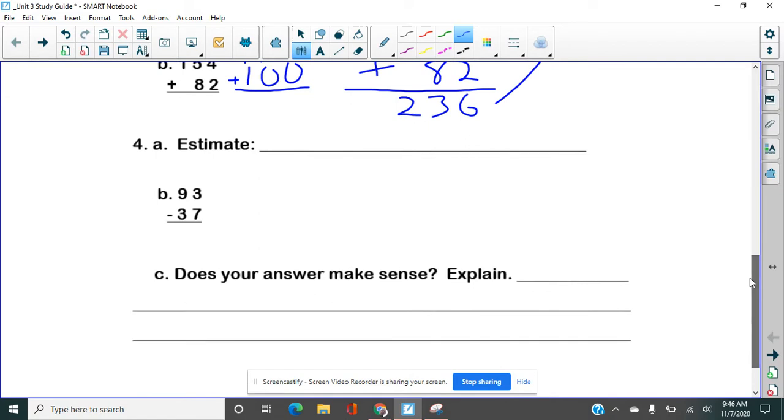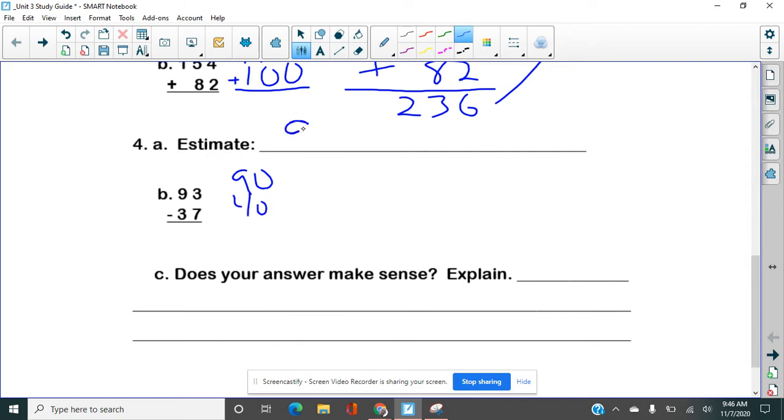All right. Down here, now we're in the tens place. So we have 93 minus 37. Let's round these to the nearest 10. 93, is that closer to 90 or 100? It's closer to 90. 37, is that closer to 30 or 40? It's closer to 40.